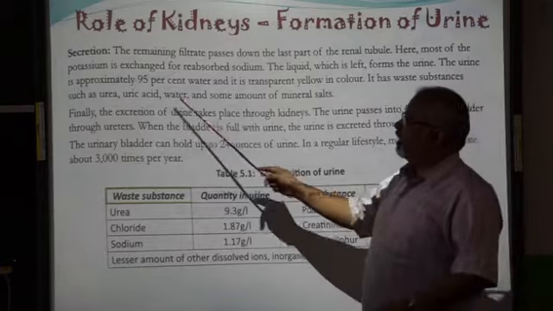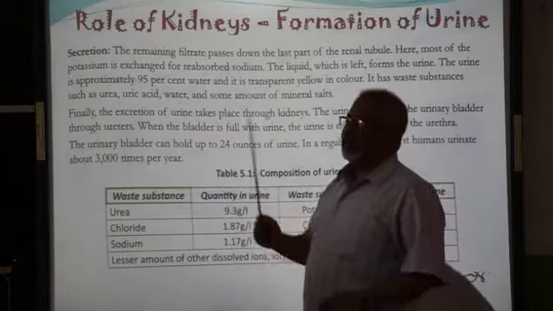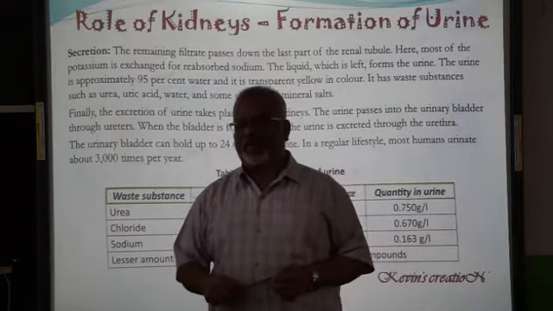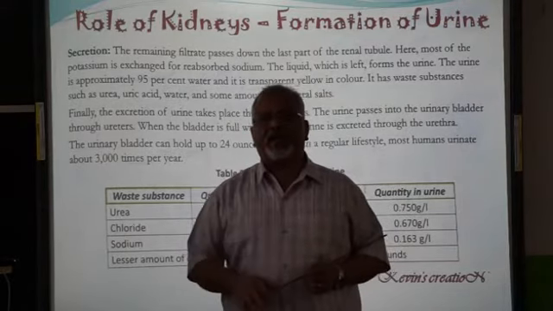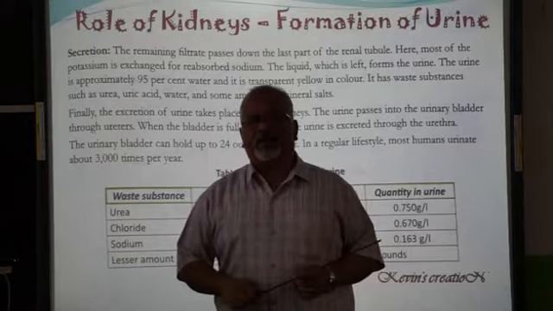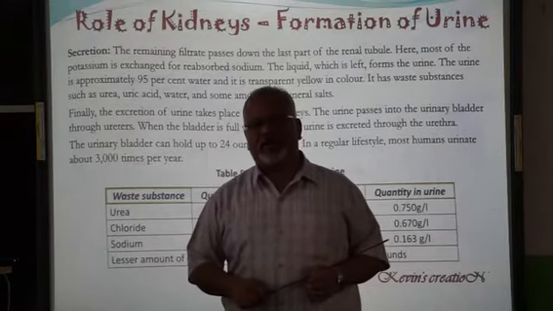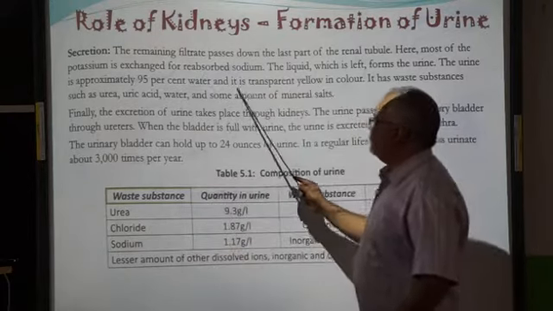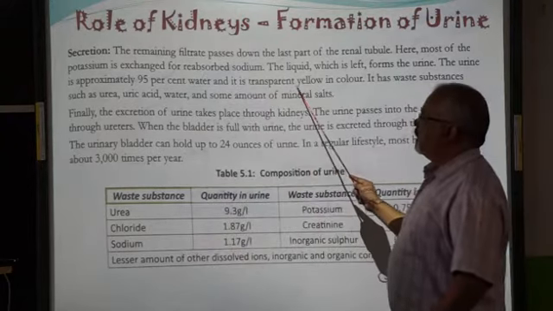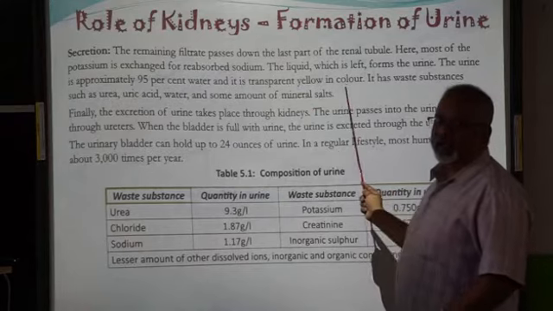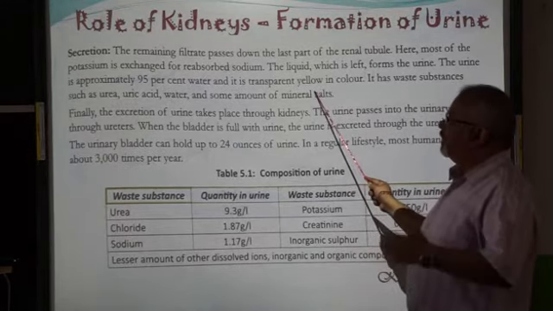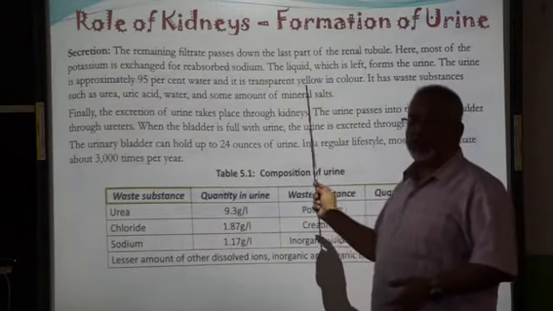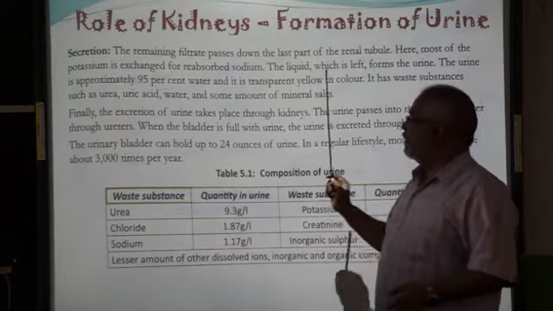The urine is approximately 95% of water. What does it mean, 95% of water? That means it has got 5% of waste products, the toxic products which are not required by the body. It is transparent yellow in color. When you go to the higher classes you will learn more about it, because this color is because of a chemical known as bilirubin.